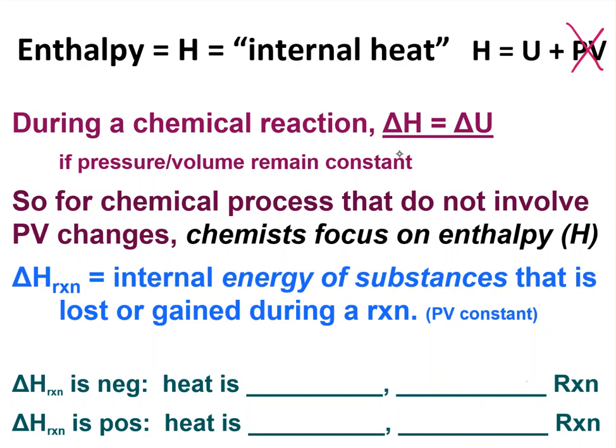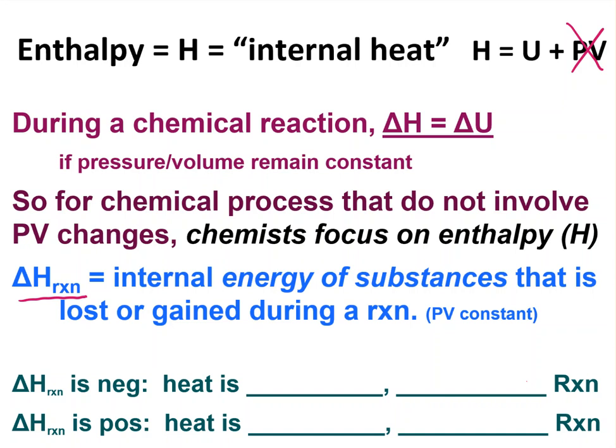So we will be interested in delta H, delta being the change in internal energy of the substances during a chemical reaction, and we'll assume that that's the same as the change in the internal energy if pressure and volume remain constant. Anyway, so this is the main thing we'll use, delta H reaction. It is, again, the change in internal energy of the substances during a chemical reaction.